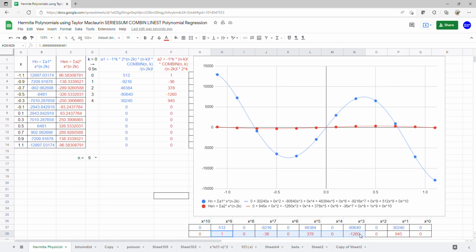In the case of the probabilist Hermite polynomial, we have 945 here, and this is negative 1260x cubed. This is 378x to the 5th, and this is minus 36x to the 7th, and x to the 9th, and x to the 10th.